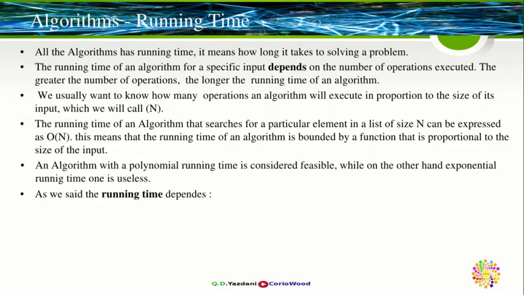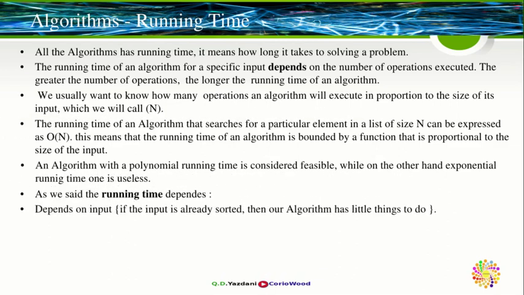As we said, the running time depends on a number of factors. The first one depends on the input. If the input is already sorted, it means that if you have an array of size n, say 20, and your array is already sorted, then our algorithm has little to do.